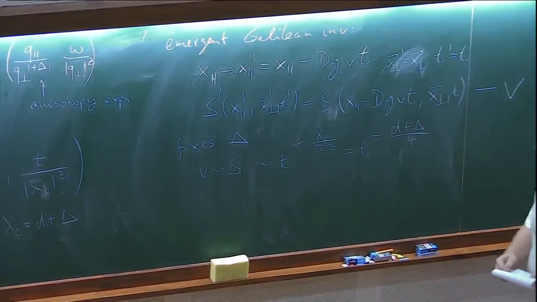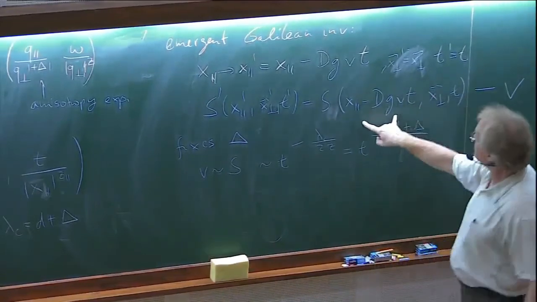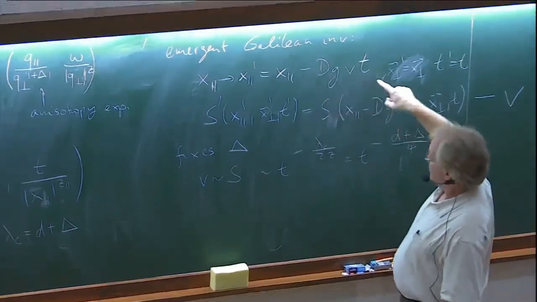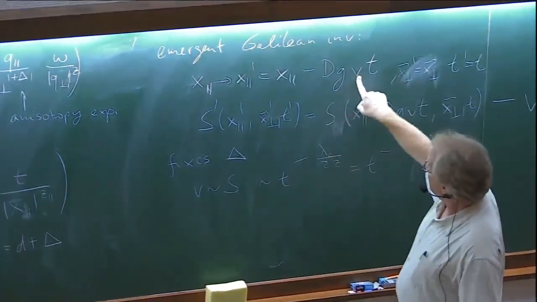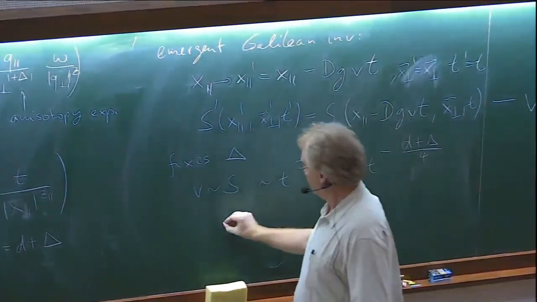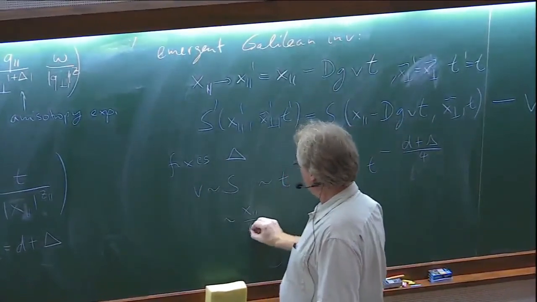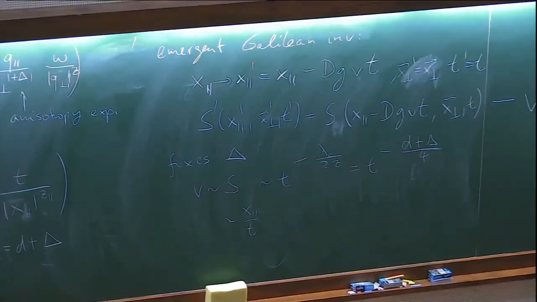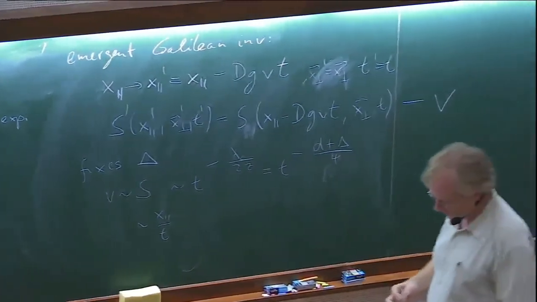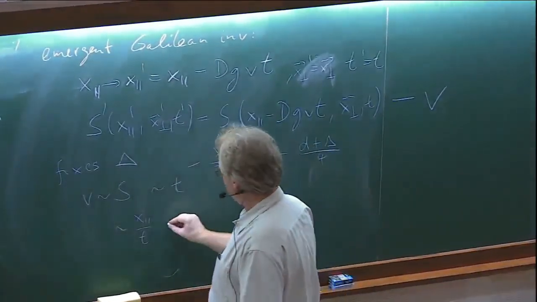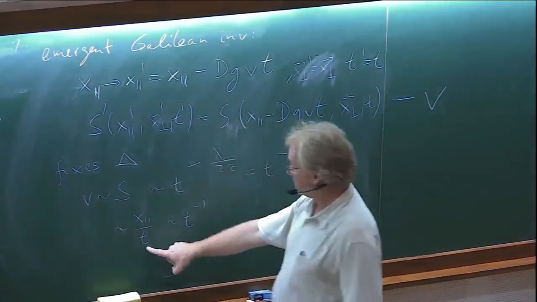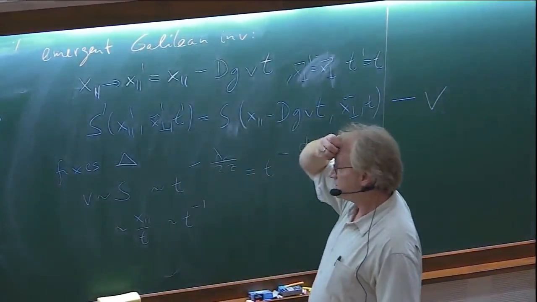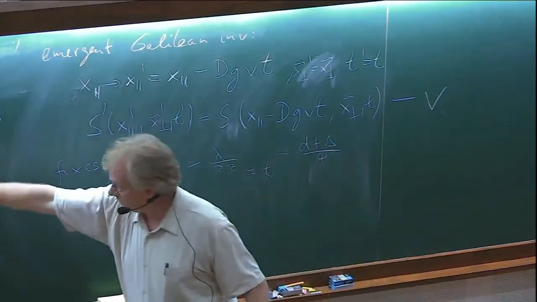All right, good. On the other hand, of course, if I look inside here or here, my V is also just X parallel over T, because DG should not actually be scale dependent. That's the tested argument here, and that really is what the RG tells you, that it runs to a fixed point. And so this goes like T to the minus 1 from there, and X parallel goes like T to the 1 over Z parallel.